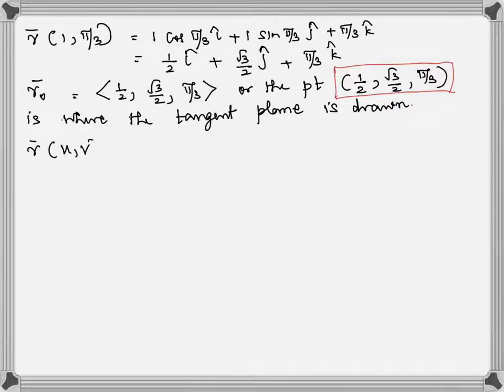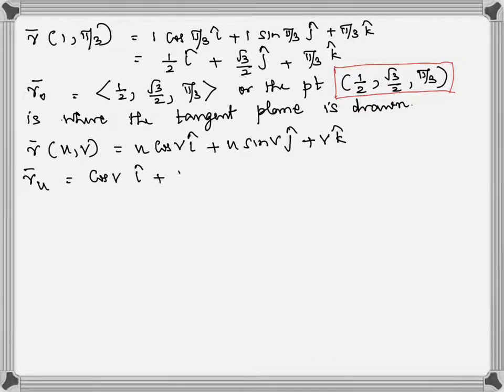Now r(u,v) = u cos v i + u sin v j + v k. From here we can determine the partial derivative with respect to u, which is cos v i + sin v j + 0k.